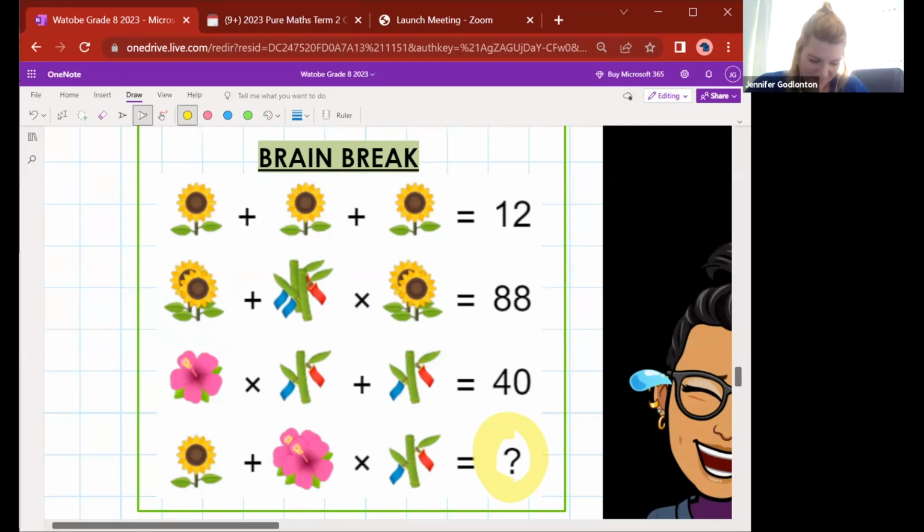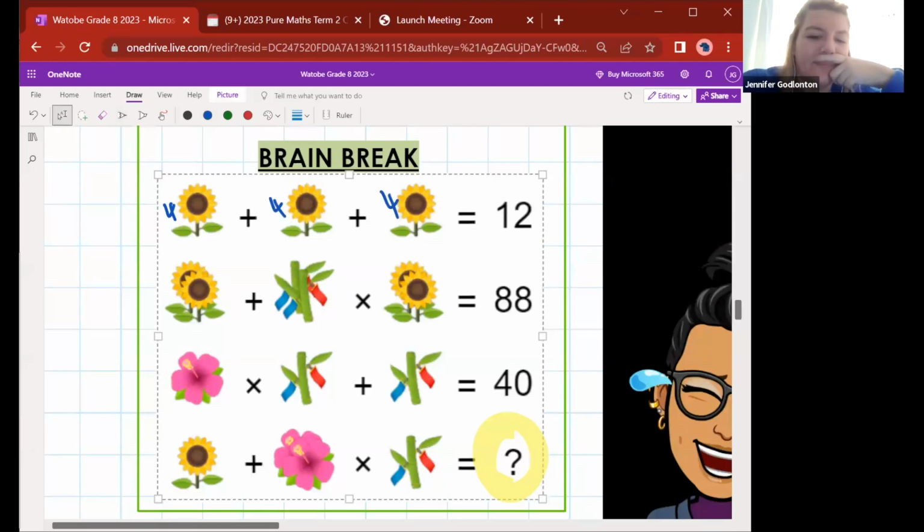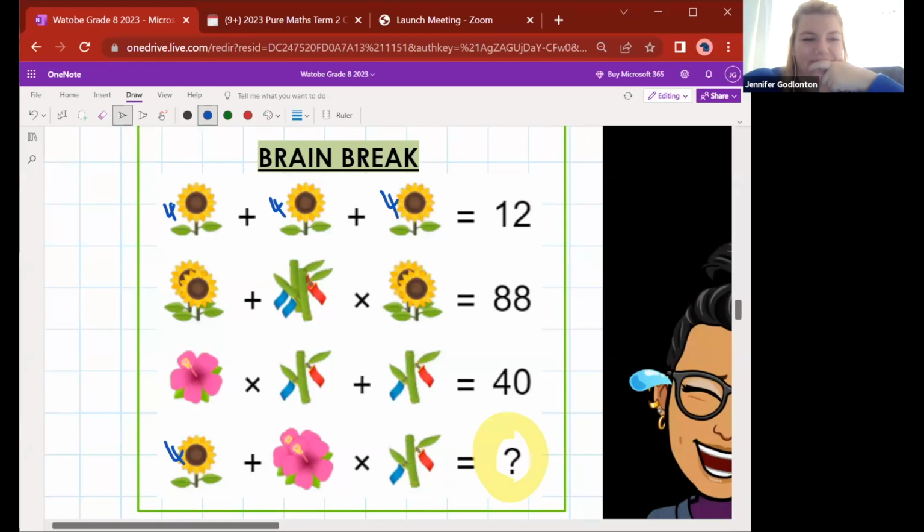See some good things going on. Yeah, I like that. 4 plus 4 plus 4. It's a good start. So we know that our sunflowers are 4. Good. So think about what that means for our second line.